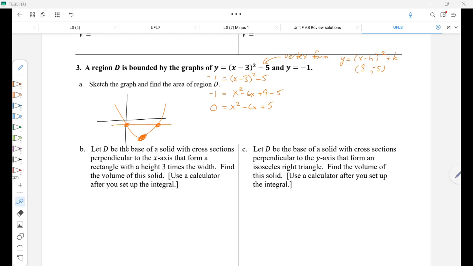So I worked with 3 numbers there. I had a positive 9, I had a minus 5, and then I added 1 to bring it over to the other side. That's how I got the 5. And this is going to be (x minus 5)(x minus 1), which means that these coordinates are (5, negative 1) and (1, negative 1). Because y has to be negative 1 there, those are the y coordinates.